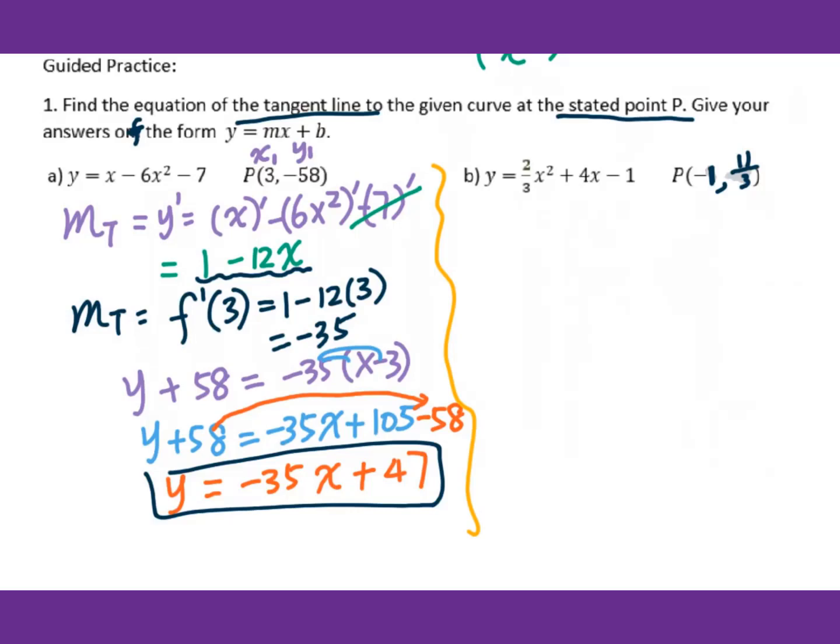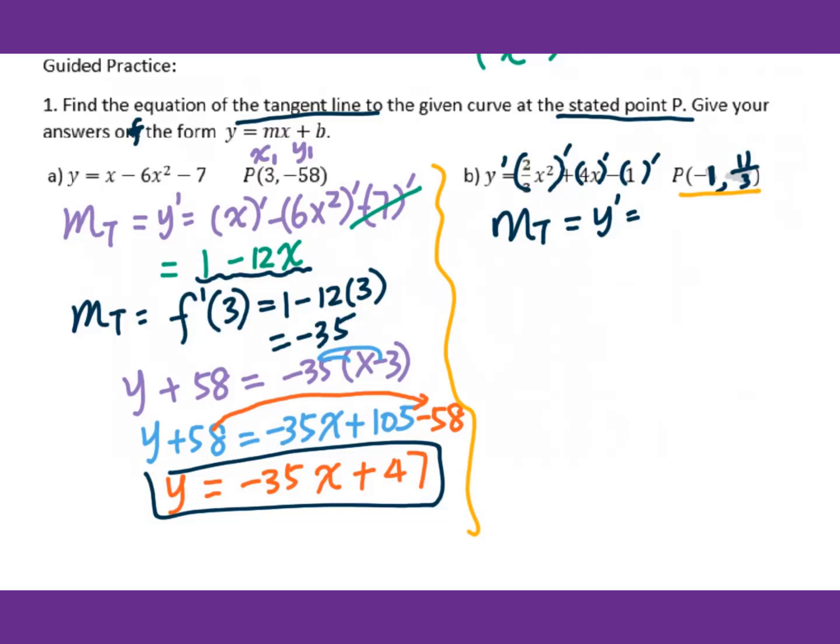Now let's go to B. Y equals 2/3x squared plus 4x minus 1. When P equals -1, 11/3. So we will have a slope of a tangent line equals y prime. We do this derivative, and a derivative. This is y prime.